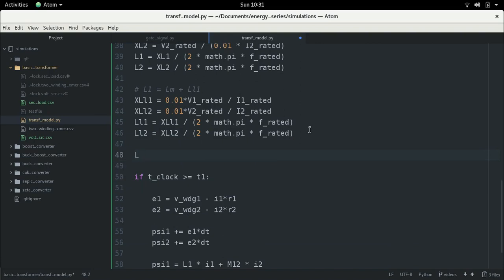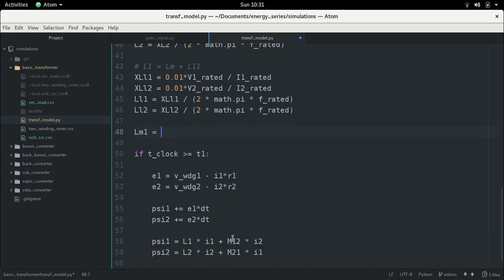Alright. So LM1 is the mutual inductance of the first winding. So what that means is LM1 is equal to L1 minus LL1, right?